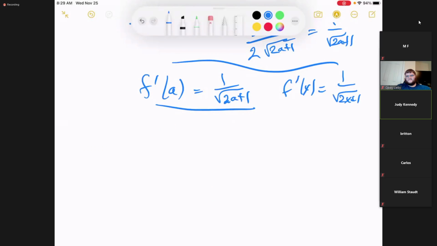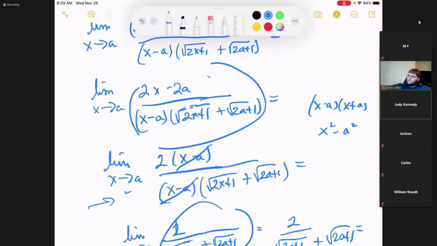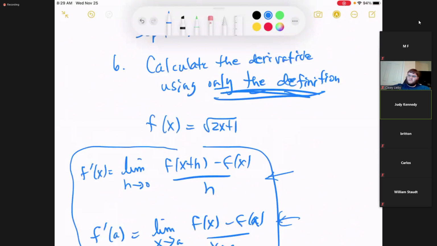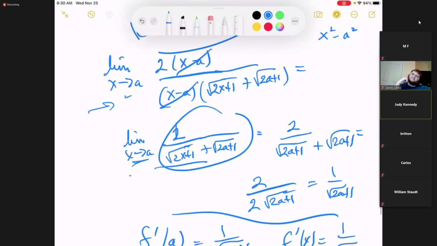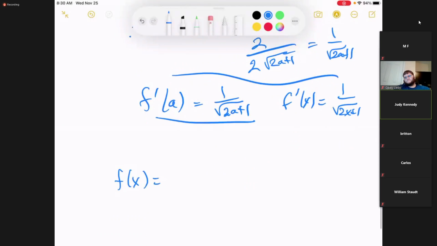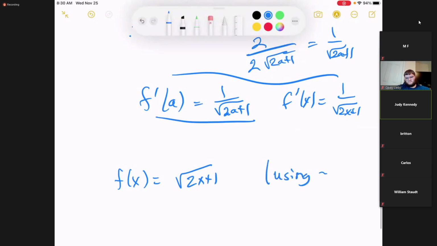Okay, and let's see. Our function was the square root of 2x plus 1. And let's do it using the differentiation rules to check.